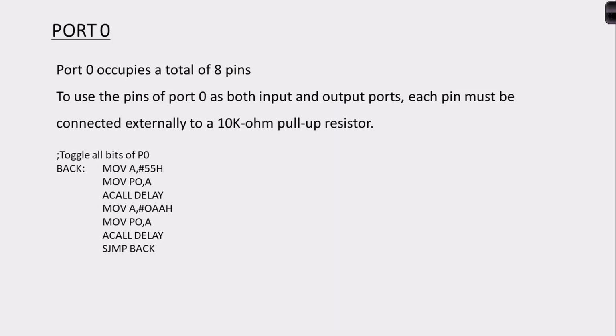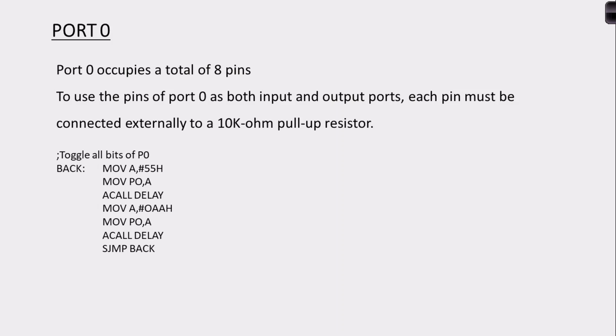As of now, let us look at port 0, which has to be connected to a pull-up resistor. If I want the port to be made an input port, then I should pass logic 1 to all the pins. If I give logic 1 to all the pins, then the port will work as an input port.